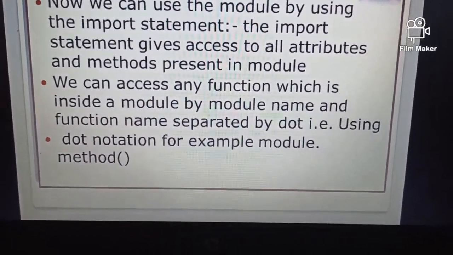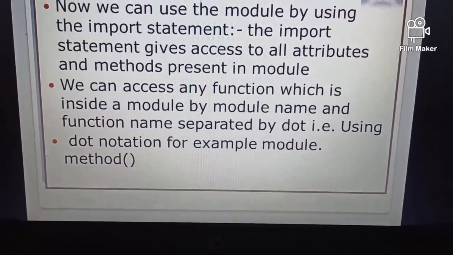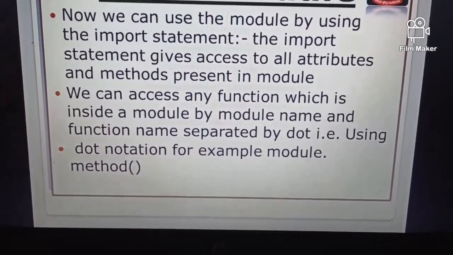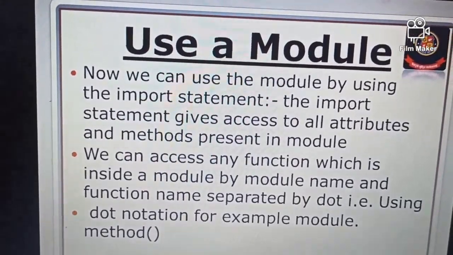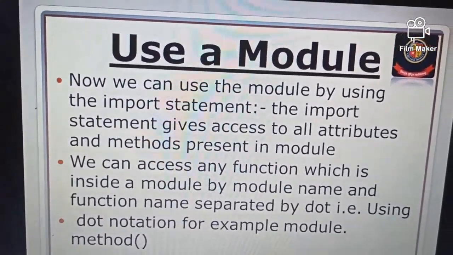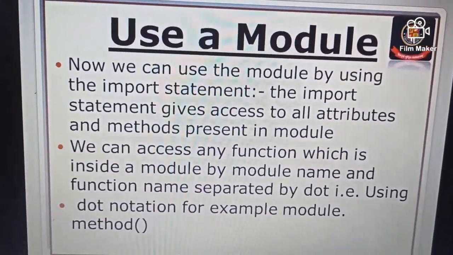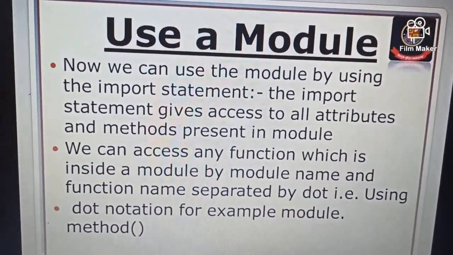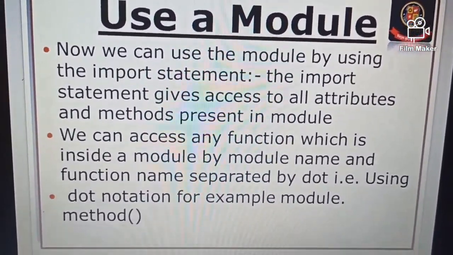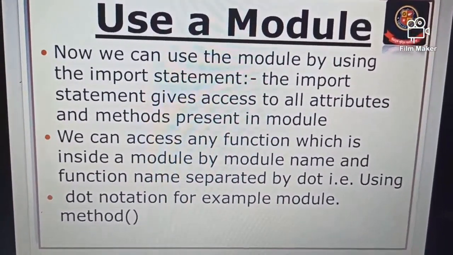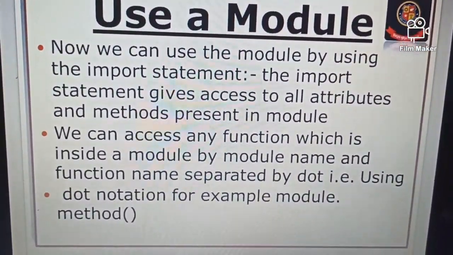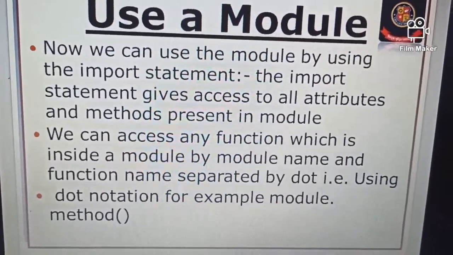Okay, we have already discussed what a module is: a file consisting of Python code that can define Python functions, classes, and variables related to a particular task. Now the next point: we can access any function inside a module by the module name and function name separated by a dot, that is, using dot notation.